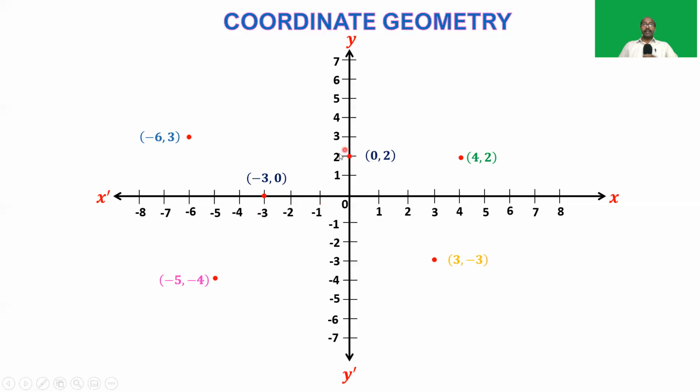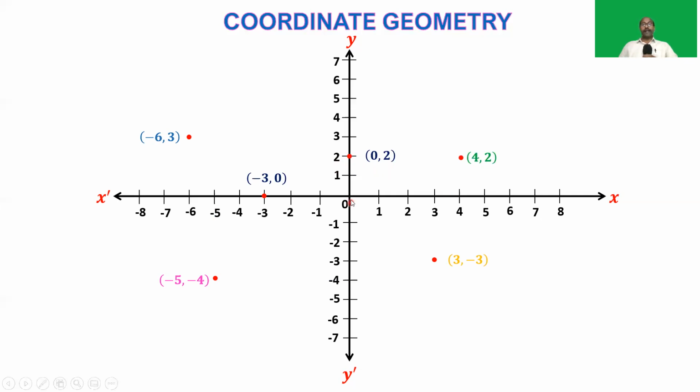And here we have one more point, and the coordinates of this point are (0, 2), because as it lies on y-axis, the distance from y-axis to this point is 0, and the distance from x-axis is 2 units. So in this way, the x coordinate of any point that lies on y-axis is 0.